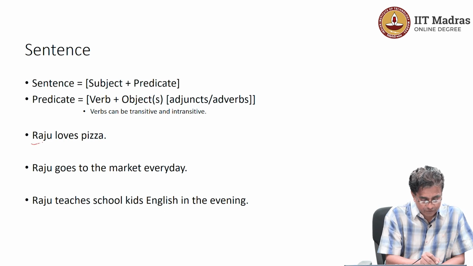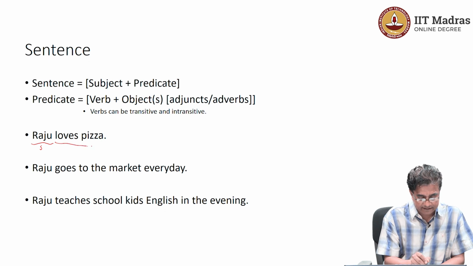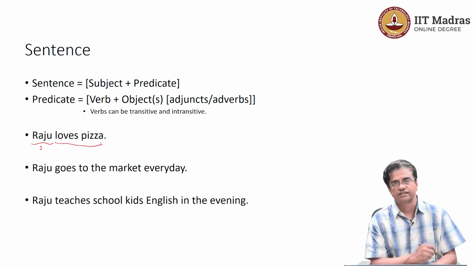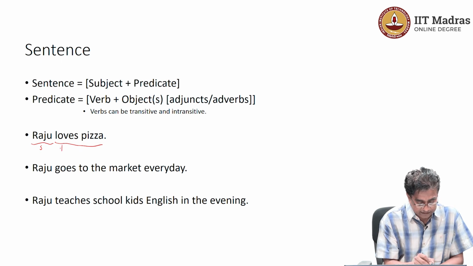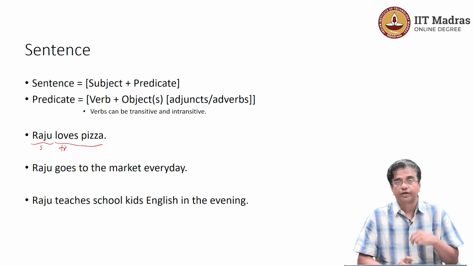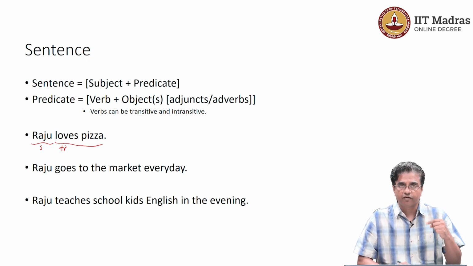Then Raju is the subject of this sentence, and loves pizza is the predicate of the sentence, in which love is a transitive verb, because we can question it with what: loves what? The answer is pizza. Loves pizza. So whatever is the answer of this question is the object of the verb.